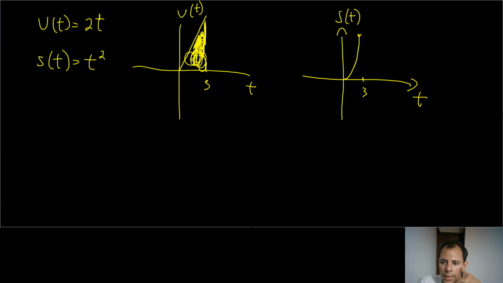So at 3, what's going to be the space function in here? The space function is t squared. So what is this point in the Cartesian plane? It's 3, 9, okay?